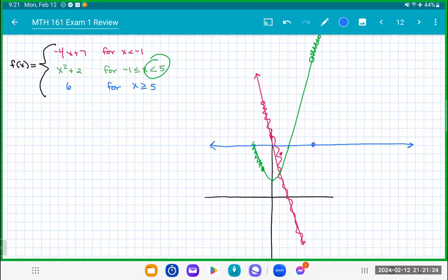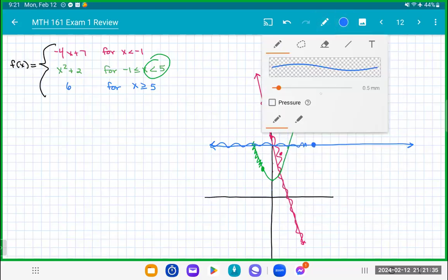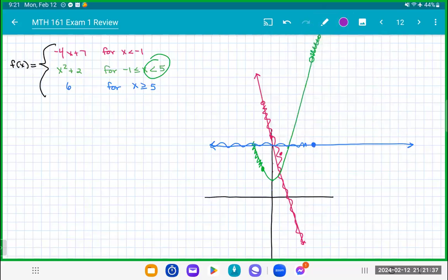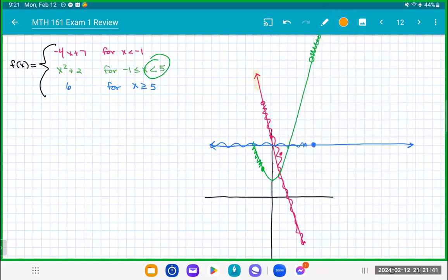So we have a solid dot here, goes off this direction and none of this. So if we're looking at just this piecewise, let me do just yellow. We're just looking at this piece, and that is all that is actually included in that graph.